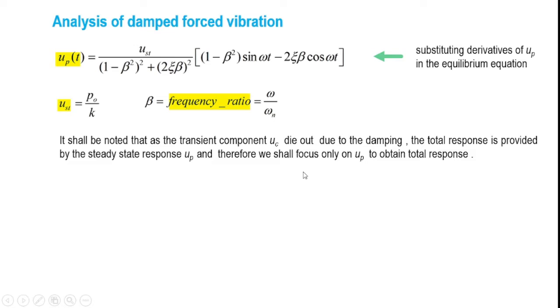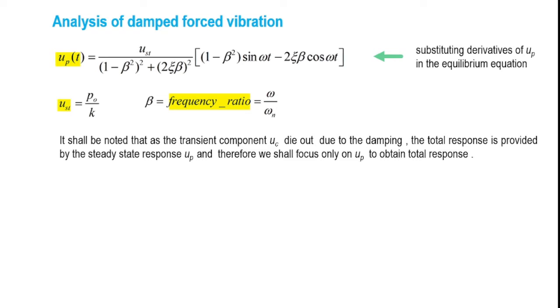Therefore, in our discussions, we will focus only on the particular solution up(t). The complementary solution we will not consider because that component is dying out with time, and we have only a steady state response up(t).